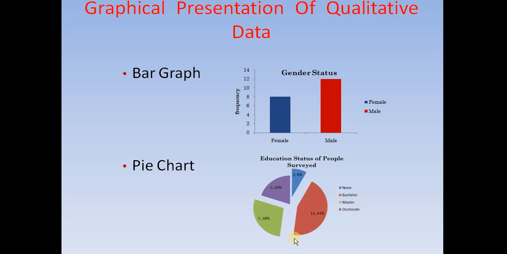Here we can see the largest slice is of bachelor according to their education, and we have the green slice for the masters, and the purple slice for the doctorate level, and almost 2 to 8% are the slices used for those who were not from the bachelor, master or doctorate level according to their subject. So these are the qualitative graphs used for representing different categories.